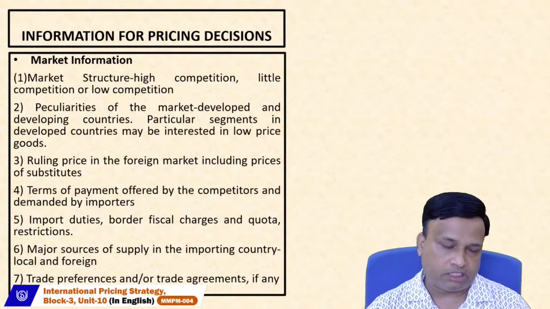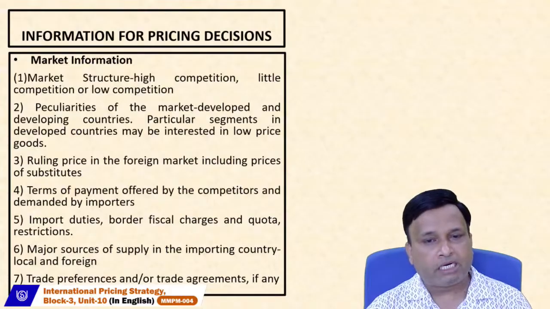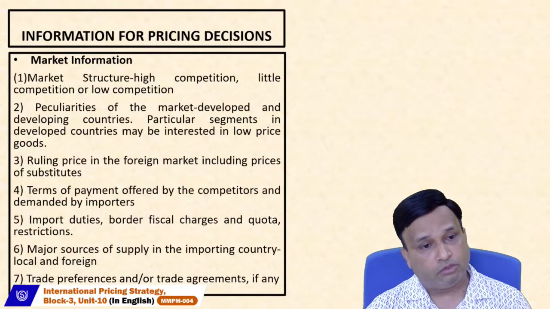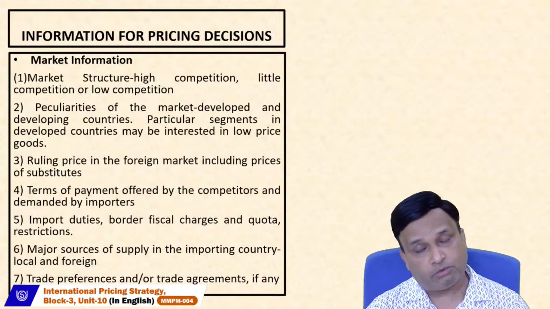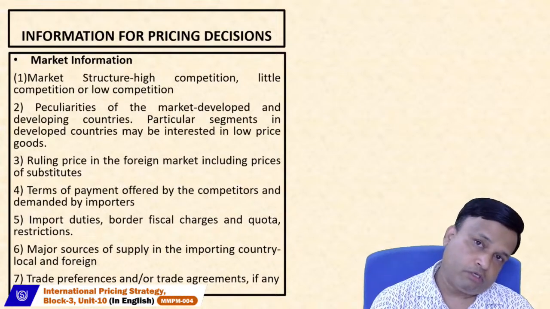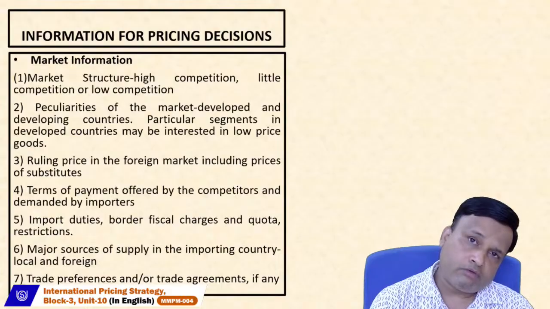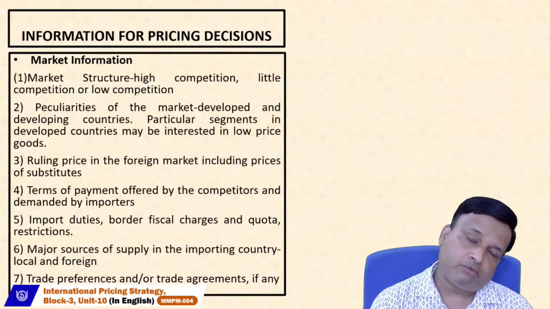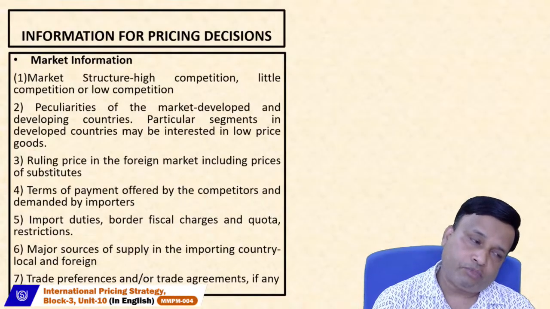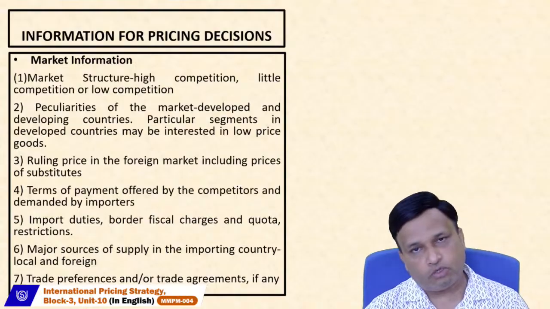That is what you have to see. Also the ruling price in the foreign market, including the price of substitutes. You have to take the substitutes into account. Suppose you are in the tea market, selling tea, say you are Nestea. You have to see what about coffee, whether coffee is higher priced or lower priced.